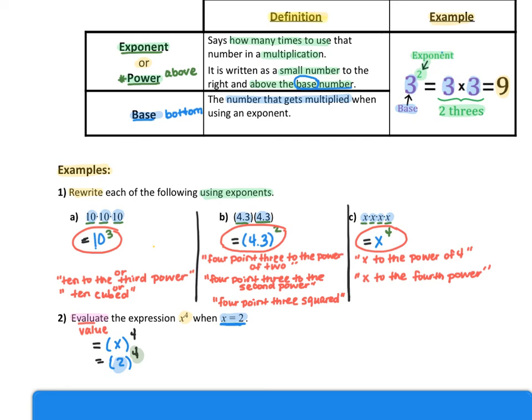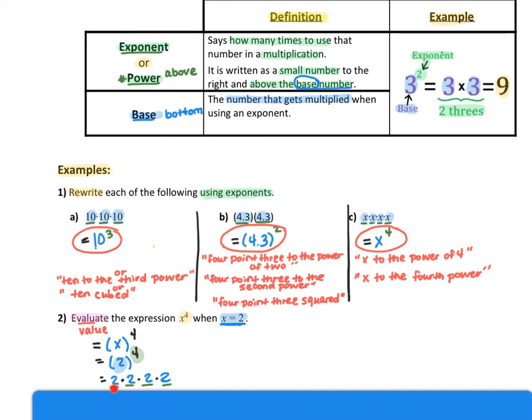So we need to have 2 four times, and we're multiplying it, because our exponent tells us that we should multiply it 4 times. So we're doing 2 times 2 times 2 times 2.